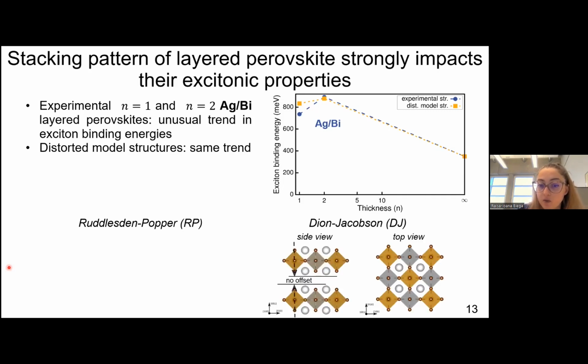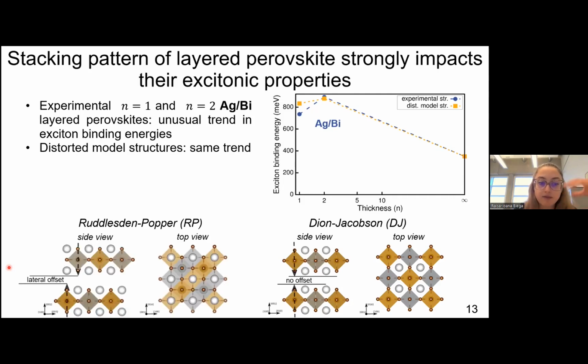The Dion-Jacobson one is characterized by perovskite layers that are ordered directly on top of each other, while the Ruddlesden-Popper have lateral offset. And you can actually see better from the top view. One has the checkerboard pattern and the other one a stripe-like pattern.